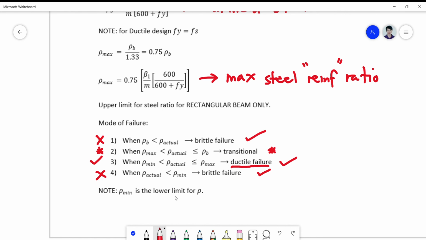So what is the rho minimum? Rho minimum is the limit of rho given by the formula 1.4 over Fy, but not less than 1/4 square root of fc prime over Fy.